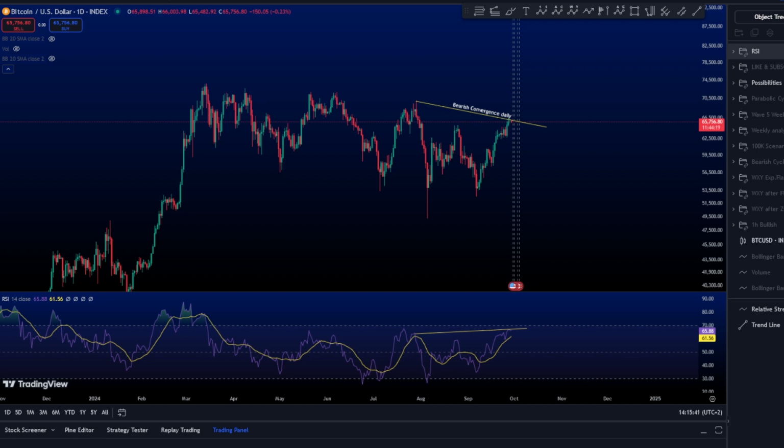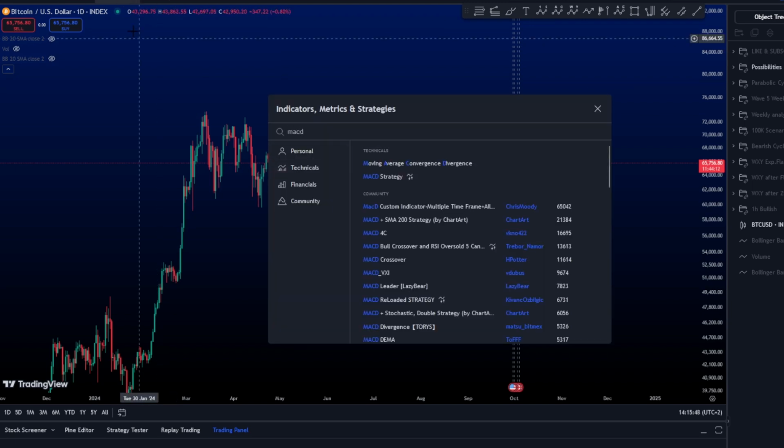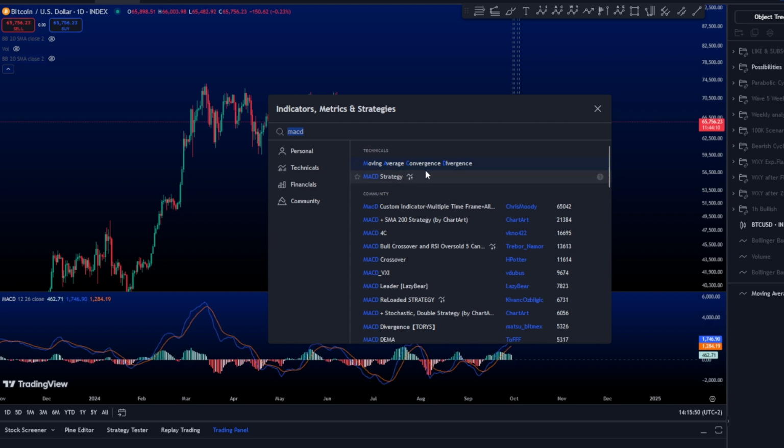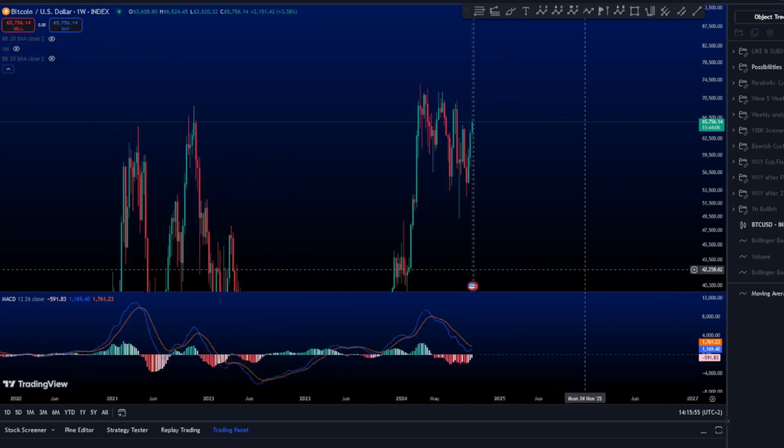If we take a look, of course, also at the MACD, on the MACD we can see some interesting things. I'm going to start on the weekly because it is the most interesting.